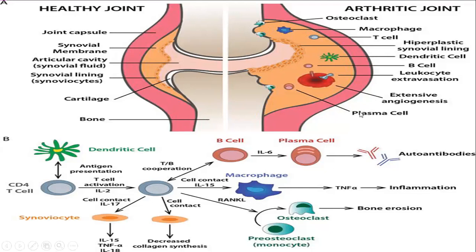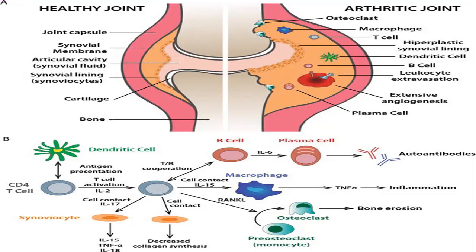CD8 T lymphocytes are scattered all throughout, as well as your B cells, which are antibody-producing cells. So these autoantibodies are directed to the cells in the synovial lining, producing inflammation. Okay?